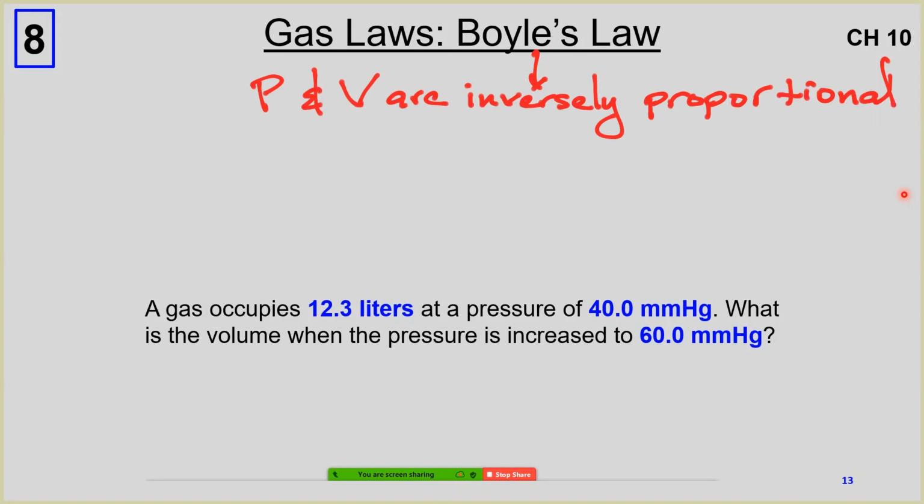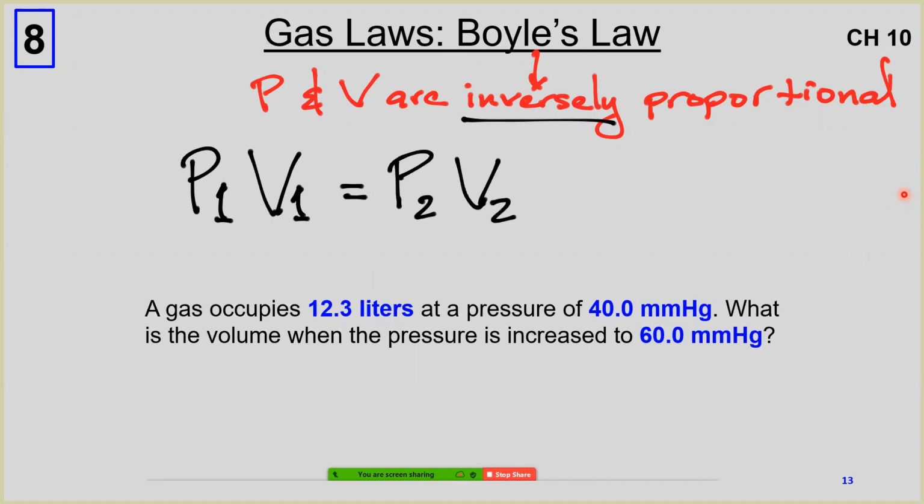So if you increase volume, you would decrease pressure. If you were to decrease volume, you would increase pressure. Okay, and he proved this mathematically using his equation P1 times V1 equals P2 times V2. Okay, initial pressure times initial volume equals final pressure times final volume. So let's take a look at this one example here.